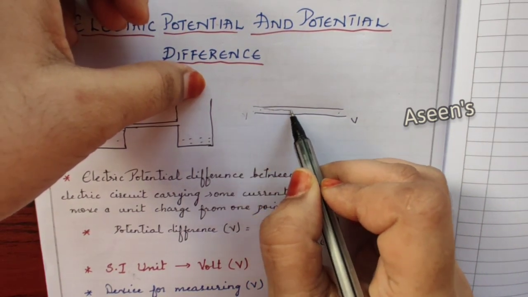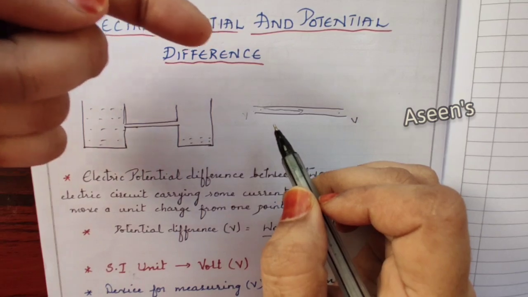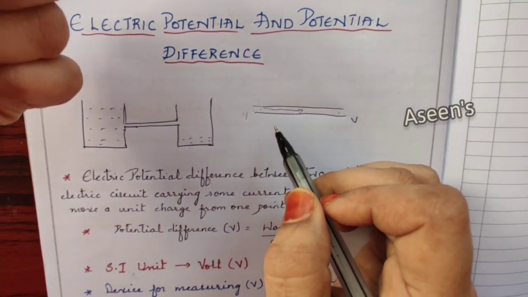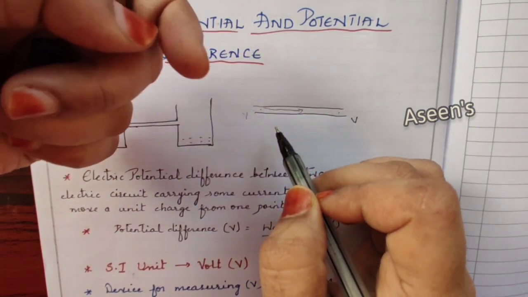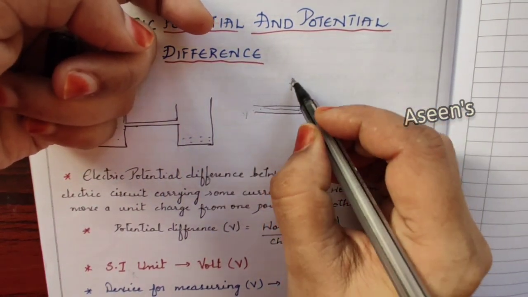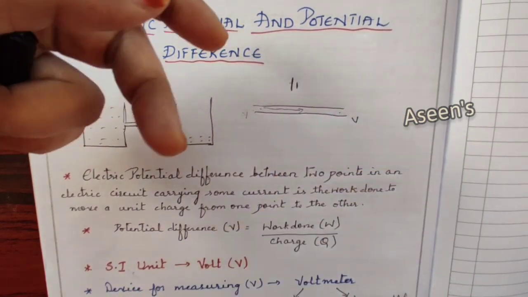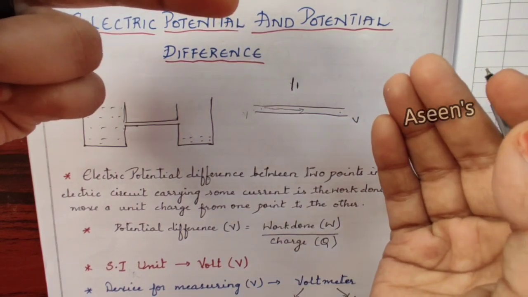And to keep the flow of charges uniform, we create a potential difference there forcefully, and that is done by our battery or your electric cell. Battery is nothing but a combination of two or more cells, right?